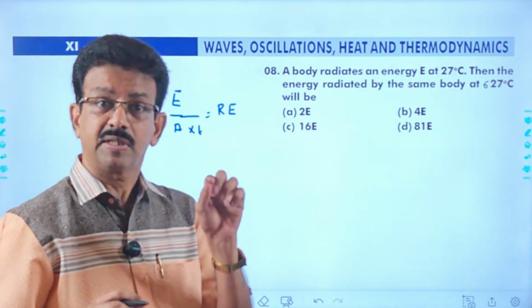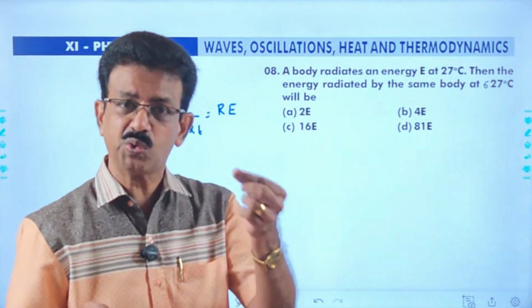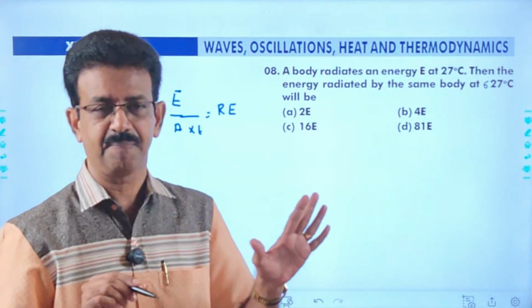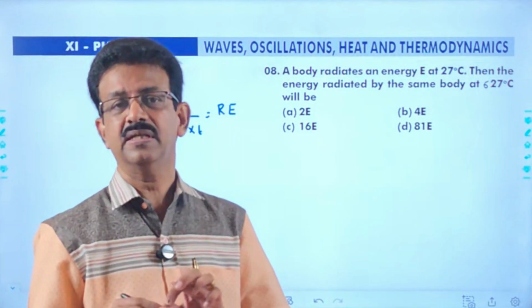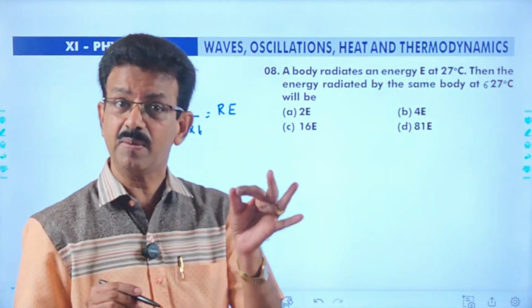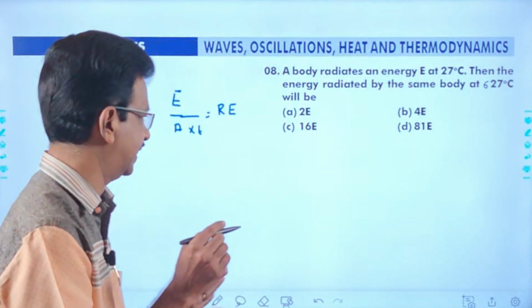Now, the ratio of the radiant emittance of the given body to that of a black body is called relative emittance or emissivity. Now, Stefan's law: the radiant emittance of a perfectly black body is proportional to the fourth power of the absolute temperature.